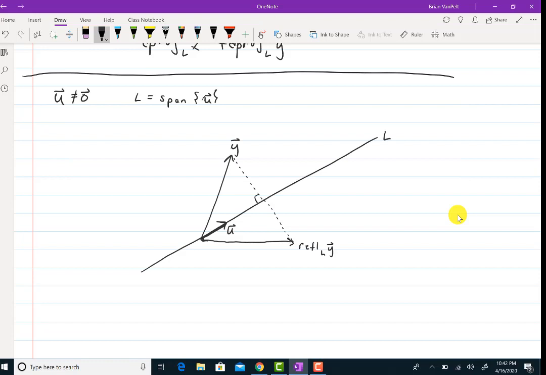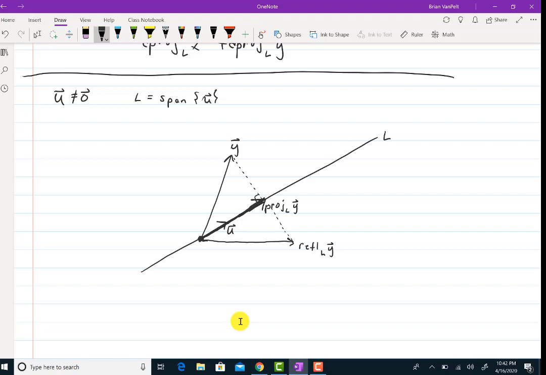Okay, so notice that if this vector were to go all the way to here, this vector that starts here, I'll put a big dot, and ends here. So let me map it out here. Starts here and ends here. We call that one the PROJ onto L of y.